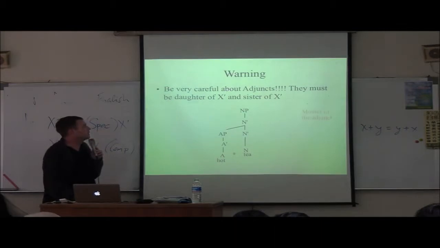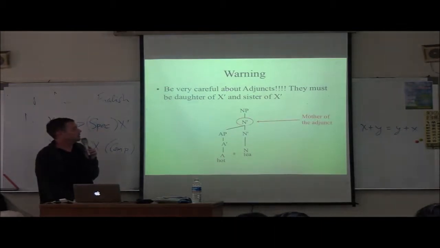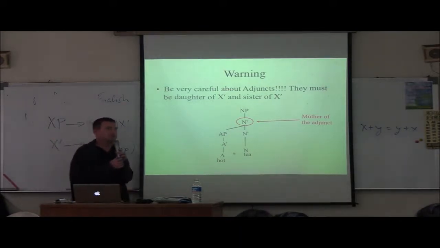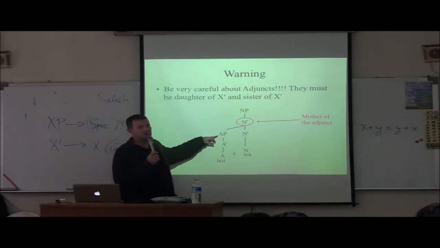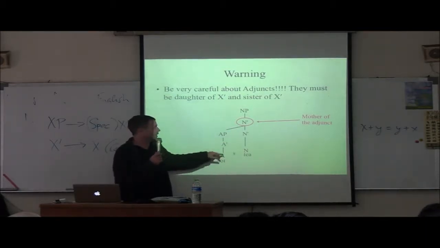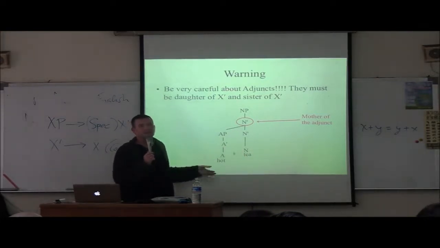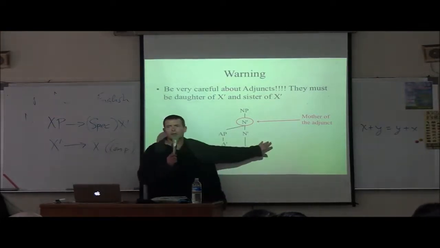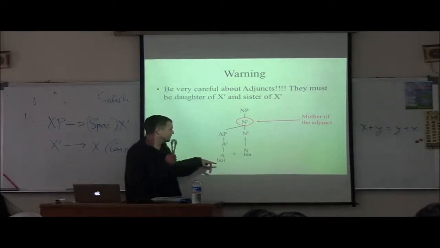So this N bar, the AP hot is an adjunct. Hot, delicious tea, etc. You can put other phrases in between this phrase and this head, so we know it's an adjunct. Besides, complements in English generally go on the right of the head, not the left, so this wouldn't be a complement.